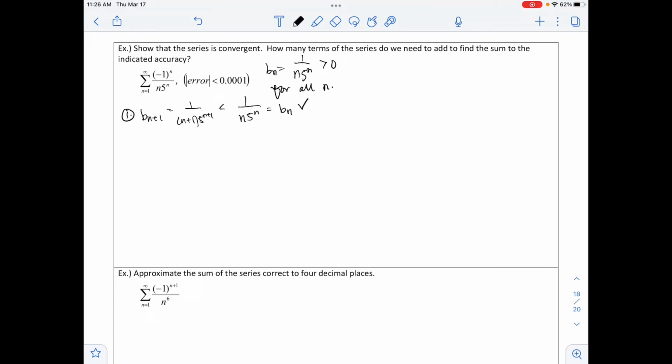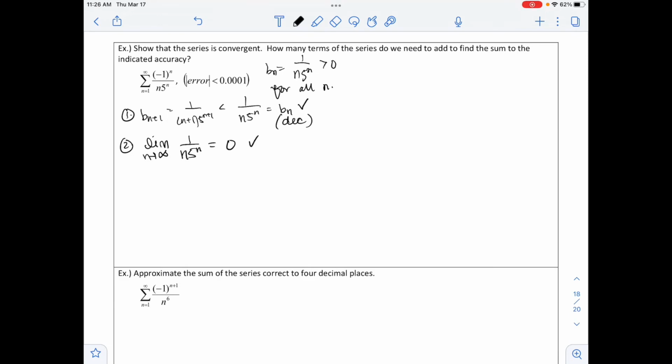So check, it is decreasing. Second thing is that the limit as n approaches infinity of b sub n, which is 1 over n times 5 to the n, is going to be equal to 0. And in this case, since that denominator is growing to infinity, 1 over something really large would be equal to 0.